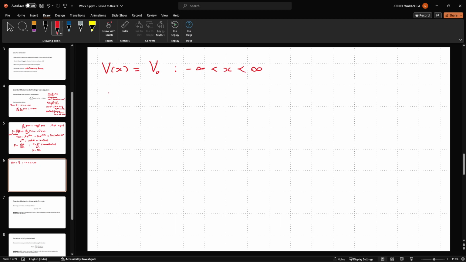So here the equation is given by, again, minus h bar squared upon 2m ∂² psi of x upon ∂x² plus V0 psi of x, which is equal to E psi of x.